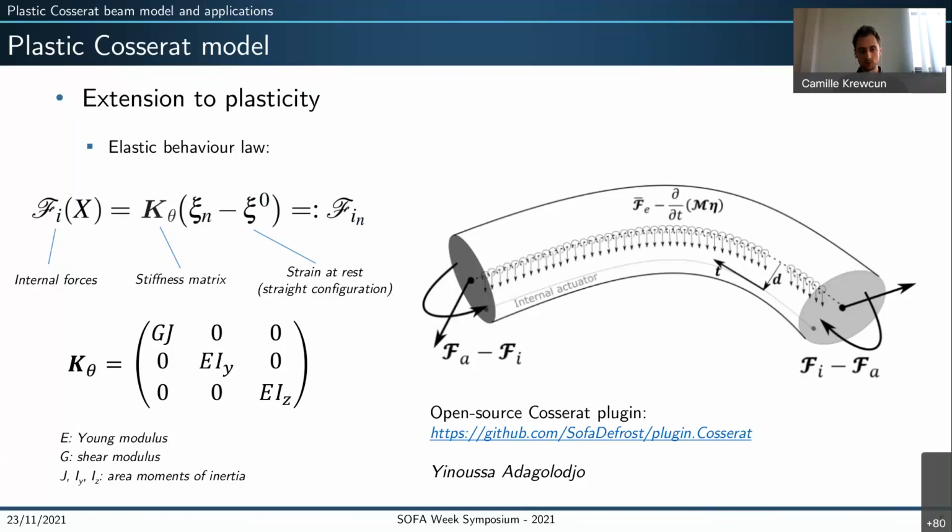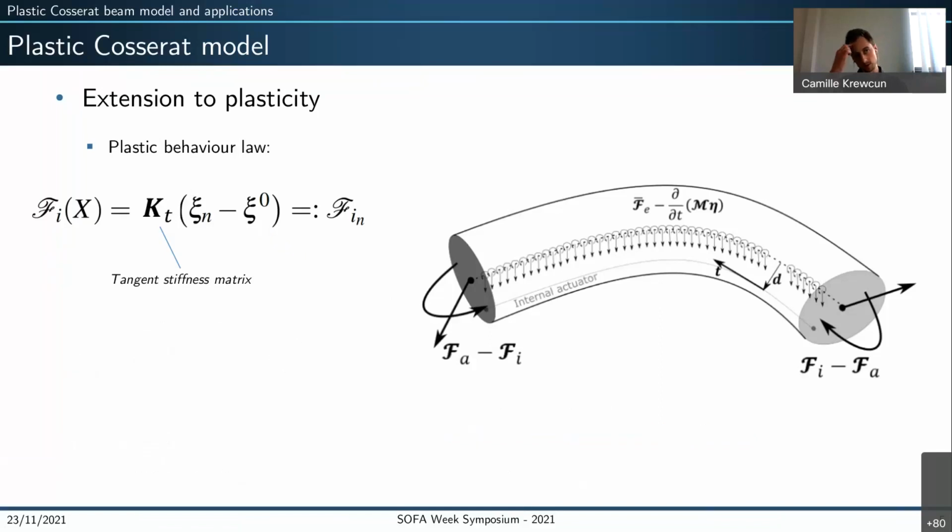In the past few months, what we did was extend this behavior to plastic mechanical behaviors, for which the relation becomes nonlinear, and we have to compute linearization of the stiffness matrix that is used in the computation. I'm going to quickly say how.